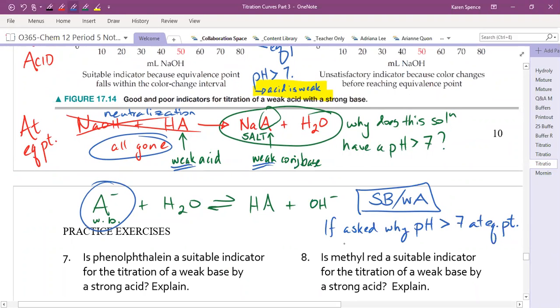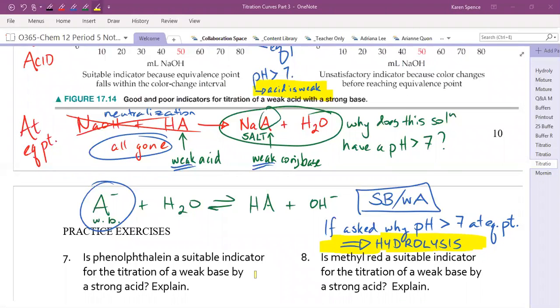The answer is hydrolysis. Hopefully the worksheet you do today will help you practice that and remember it, because it is one of those things that people always, I don't know why, just forget.